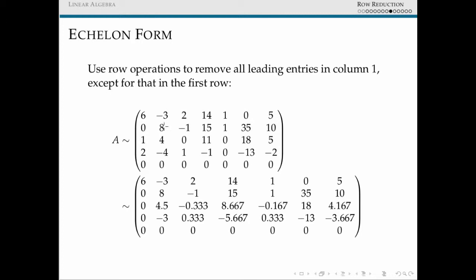So to do that, since we need to get a 1 here, we'll take row 3 and replace it with row 3 minus 1/6 of row 1. And to cancel out this 2, we're going to take row 4 and replace it with row 4 minus 1/3 of row 1. So this will give us the matrix you see here.